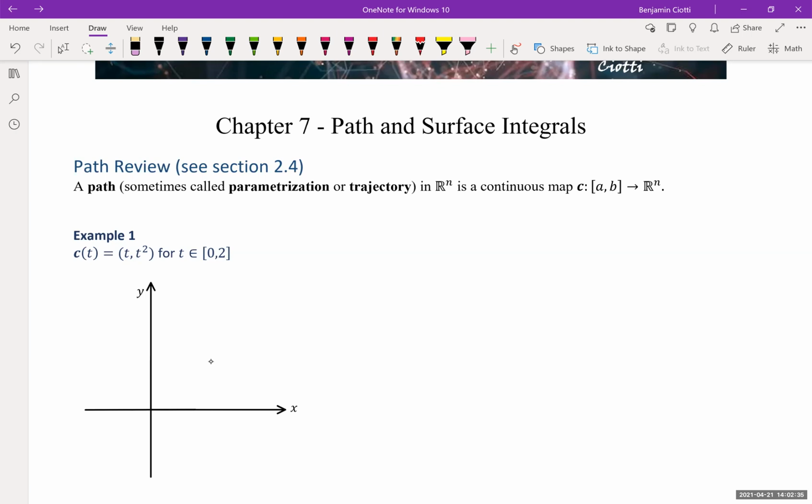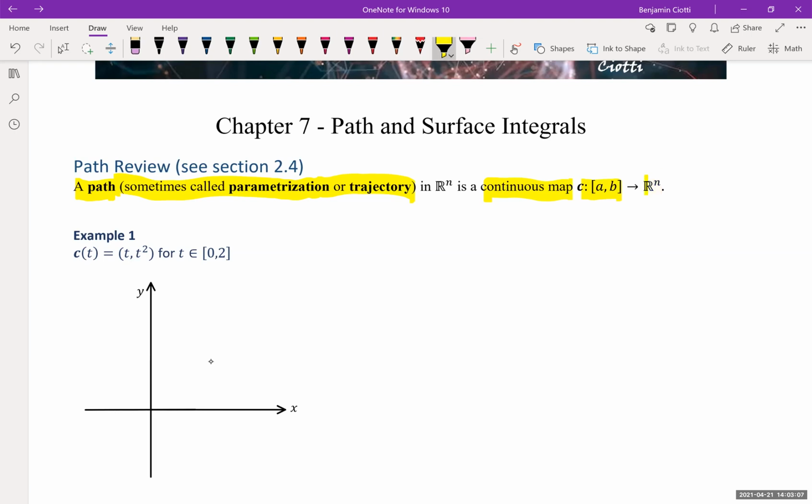It's not calculus yet. This is actually pre-calculus. You could probably even find it under the topic of parameterized curves in a pre-calculus textbook. We sometimes use the word path or parameterization or trajectory to mean the following: a continuous map from some interval into Rn.